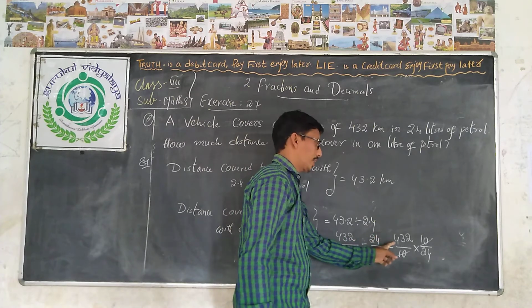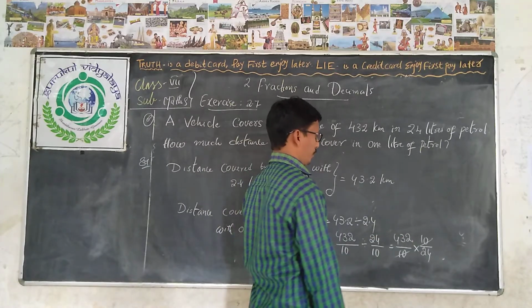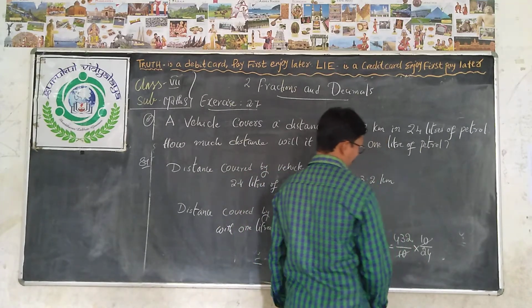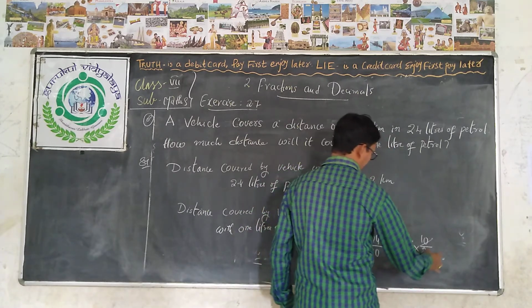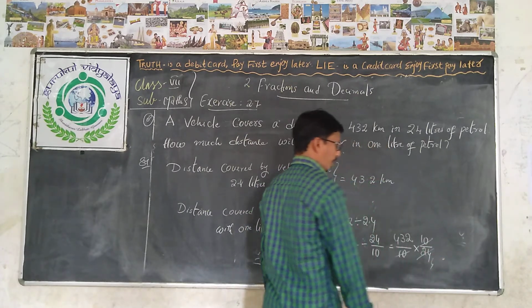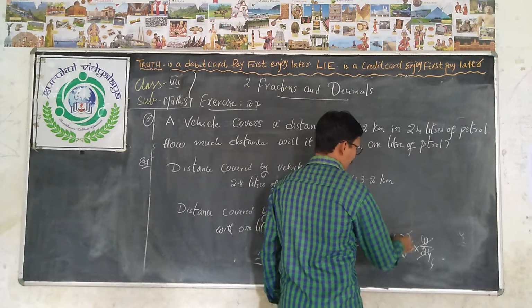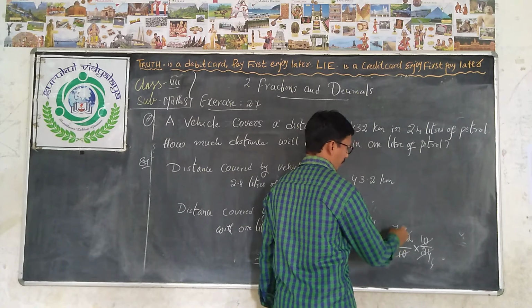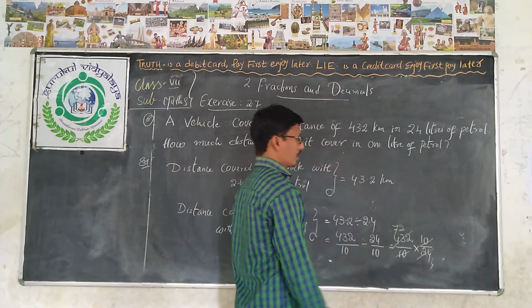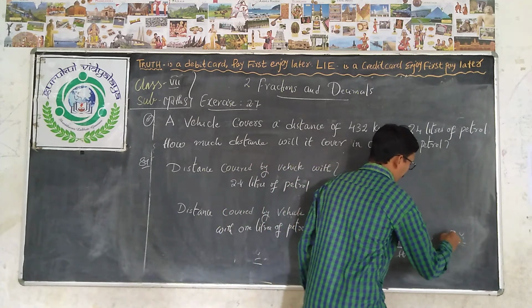Now 432 divided by 24. Suppose I take the 6 table: 6 4s are 24, 6 7s are 42, and 1 is the remainder, 12. 6 2s are 12. So 72 by 4 is there.